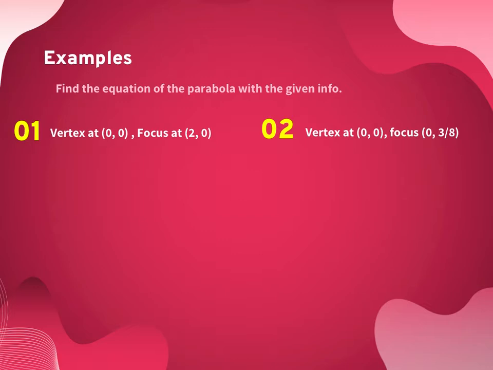So again, these are both with the vertex at 0, 0. So what we're going to be using for this is either the x squared equals 4py, and remember that when it's the x squared, if the parabola is facing up, your p-value is positive.